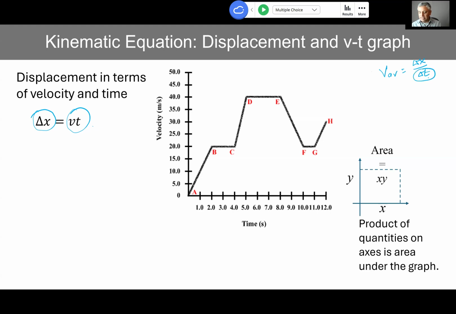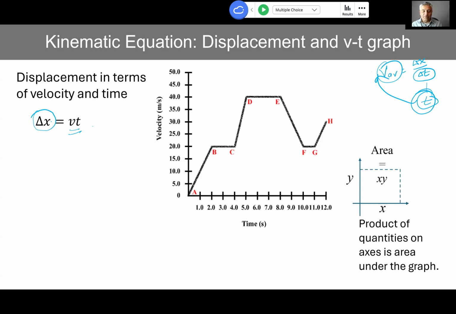So if we use initial time 0, then we can just write that as a t as a time interval. So if I rearrange that, displacement is going to be v times time interval. So that's what I'm writing here a bit loosely. So the product of v and t gives us displacement. Okay, so that's what we know.